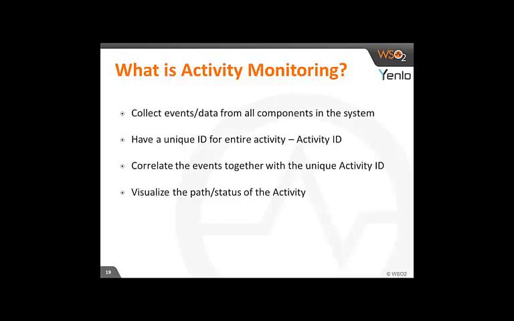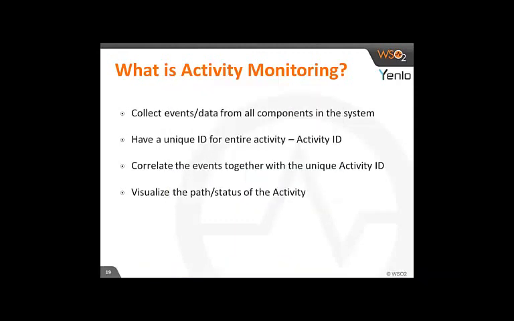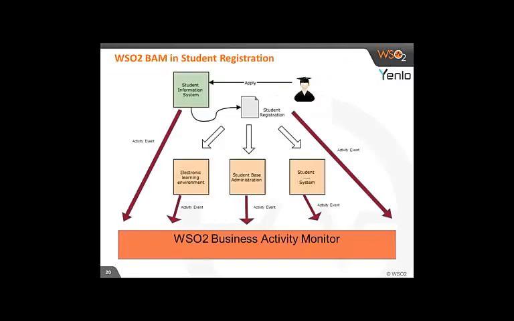So each and every component will be generating an event which will have a unique activity ID to WSO2 BAM. Then we can correlate all these events together based on the activity ID, and we can trace what happened to that event and so forth.